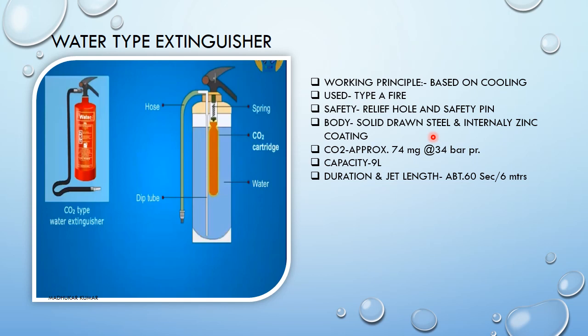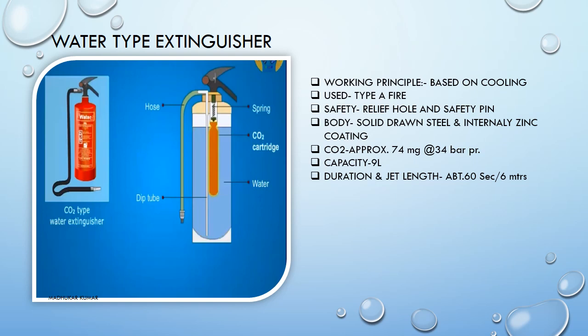Body is solid drawn steel and internally zinc coated, basically to prevent corrosion inside it. The CO2 cartridge content is approximately 74 mg and stored at 34 bar pressure. Capacity is generally 9 liters, duration is about 60 seconds, and jet length is about 6 meters.